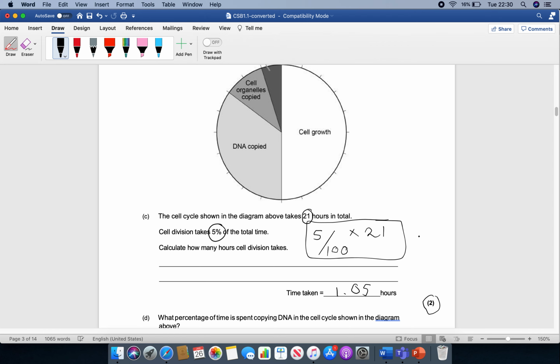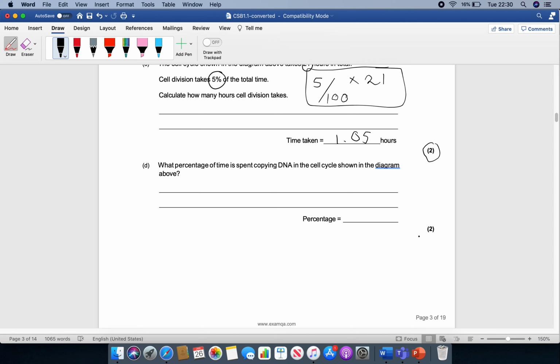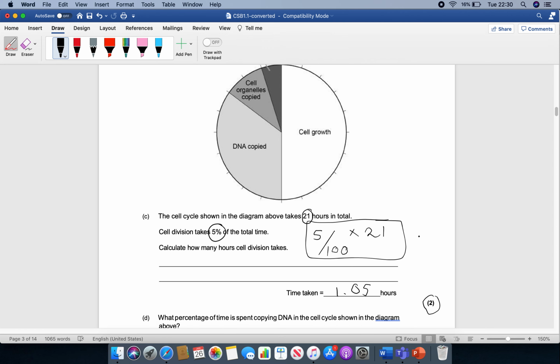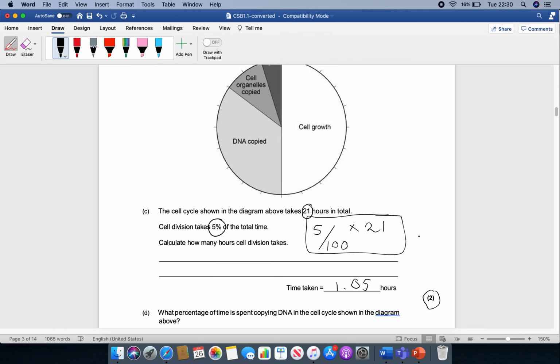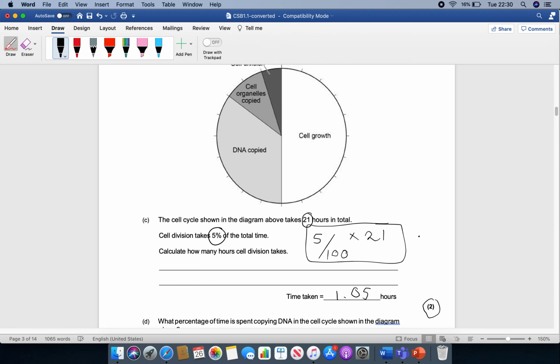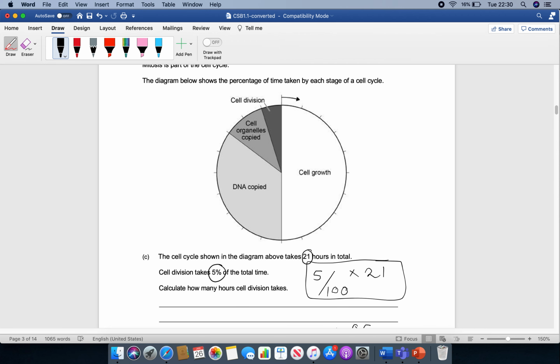Next question. What percentage of time is spent copying DNA in the cell cycle shown in the diagram above? So the diagram is asking what percentage of time it takes for the DNA in the cell cycle to copy. This is the time taken over here. You would have to count through every one of these lines, and then work it out.